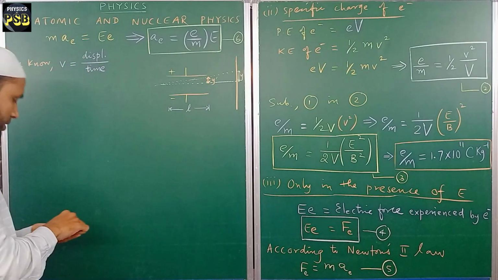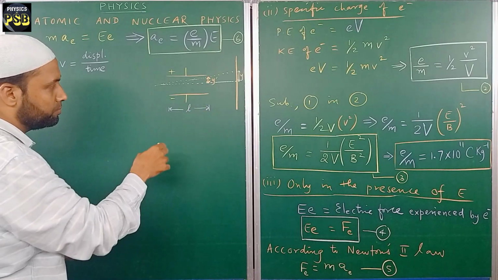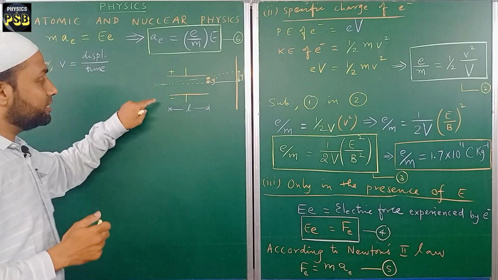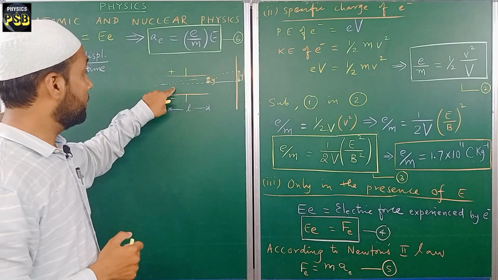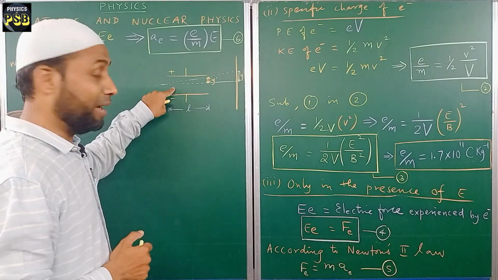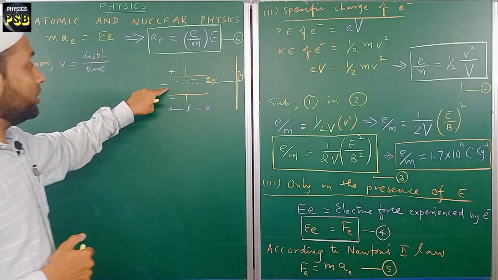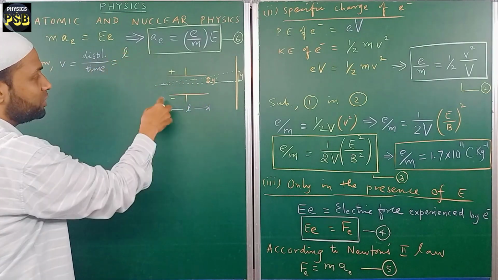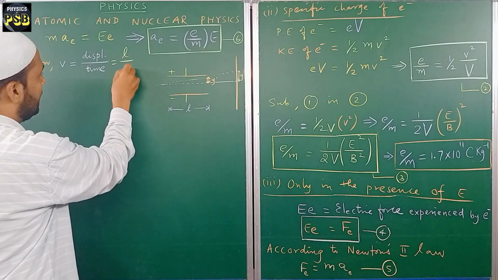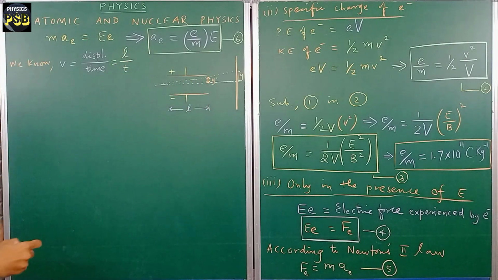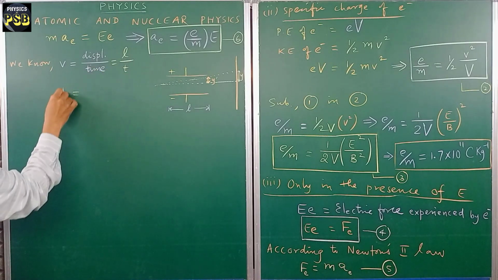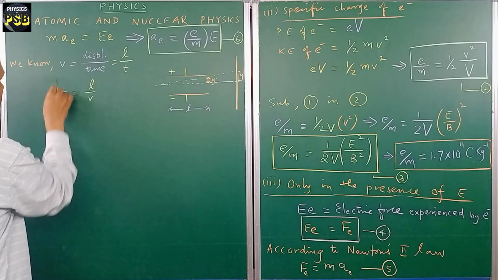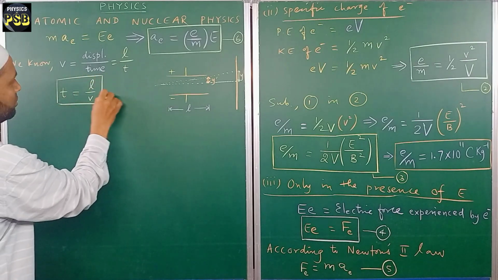In our case, the distance covered, that is the displacement covered by the electron within the electric field, is nothing but L, which is the length of the sheet, and the time is taken as t here. So from this expression, t can be obtained by cross multiplication. So t is equal to L upon small v. I box this, and it is taken as equation number 7.